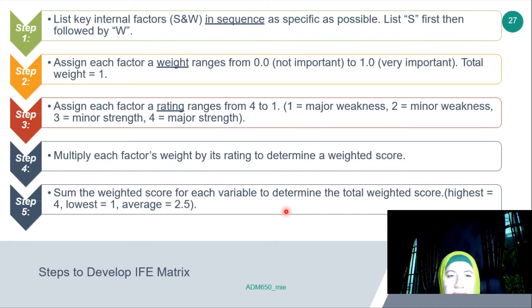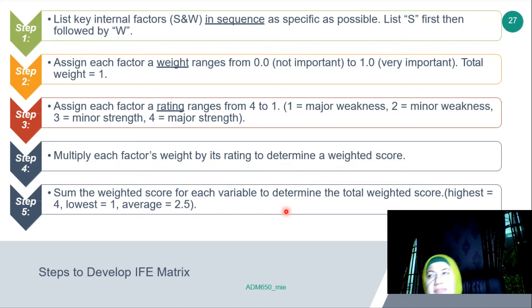That is the first column. The second column is called weight. You need to assign each factor of strengths and weaknesses a weight ranging from 0.0, not important, to 1.0, very important.